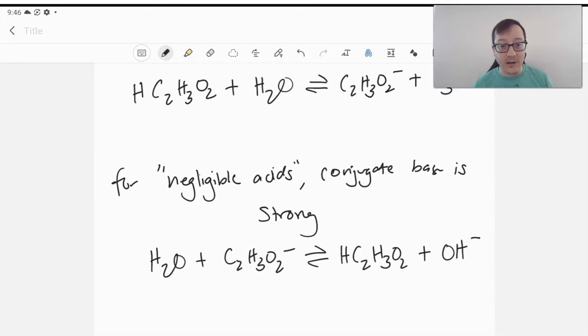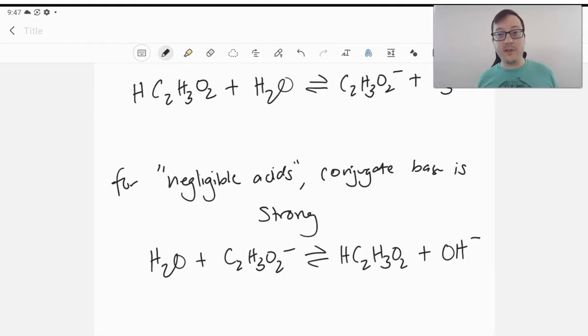For example, chloride. Chloride is not basic at all, but its conjugate acid is strong. I can't even switch the words properly. So all these terms still apply for bases as well. Just switch the words and don't get confused like I did.